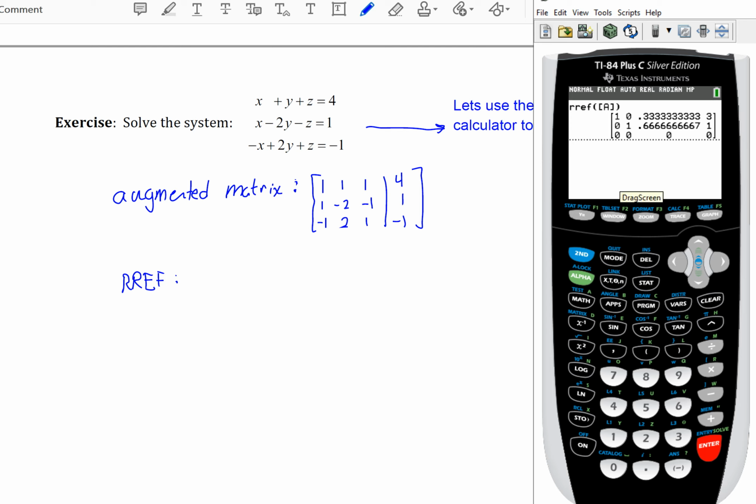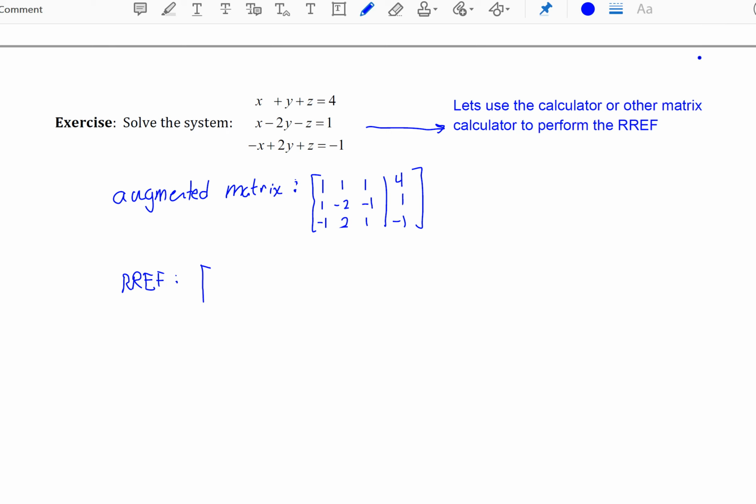And we get back this row reduced matrix. Currently it's in decimal form. I'd rather have fractions. So I'm going to hit the math key and have it convert my answer to fractions. And so what we get back is the matrix 1, 0, 1/3, 3.